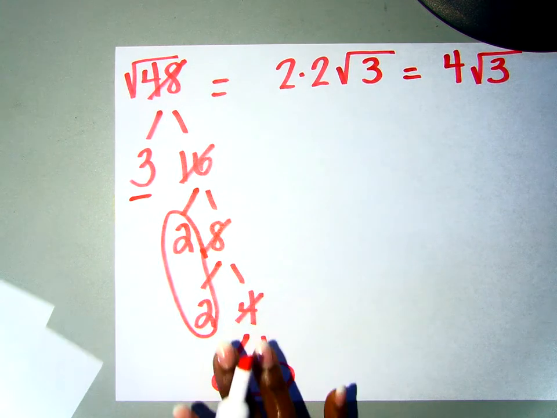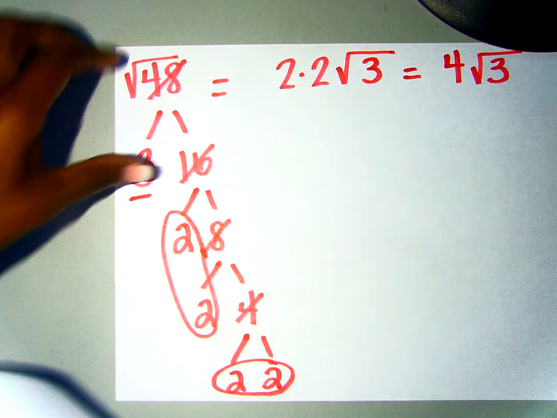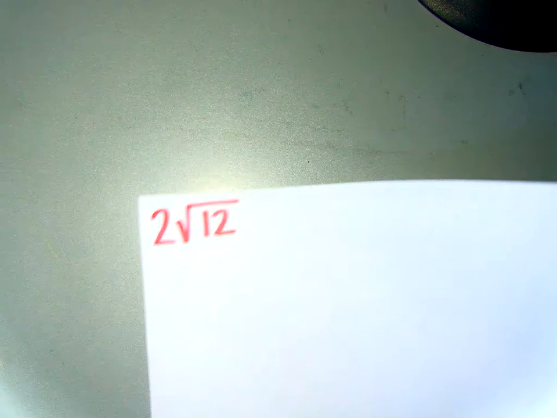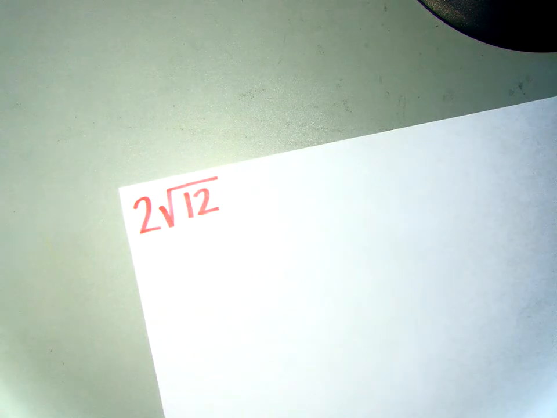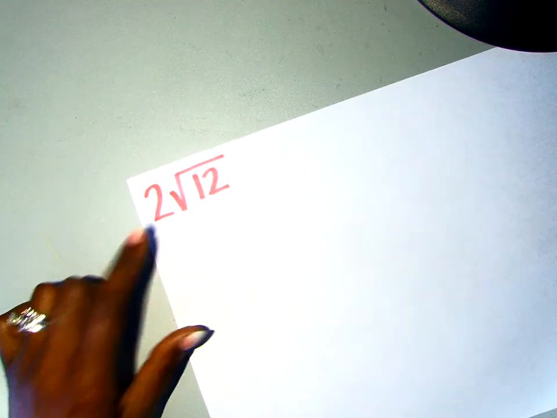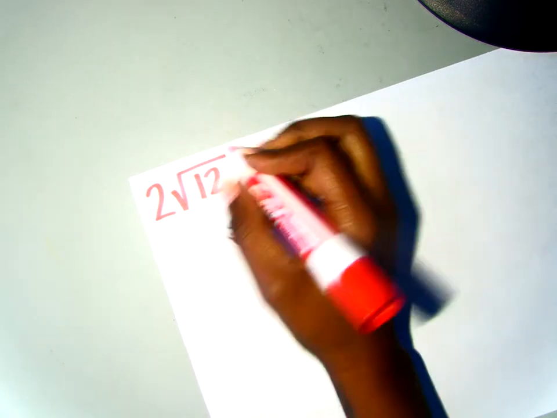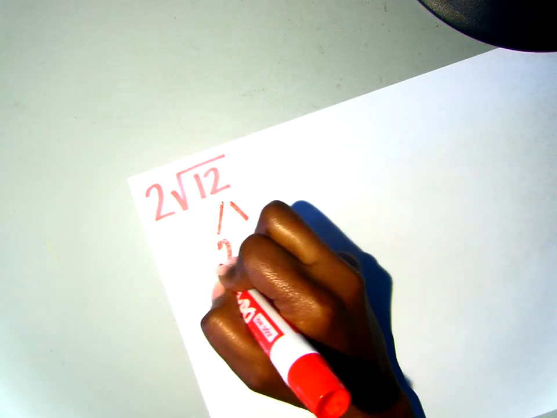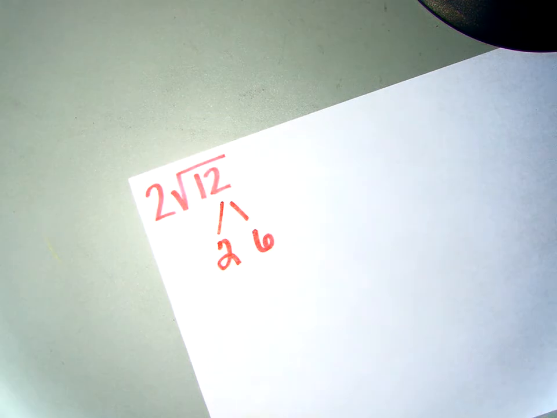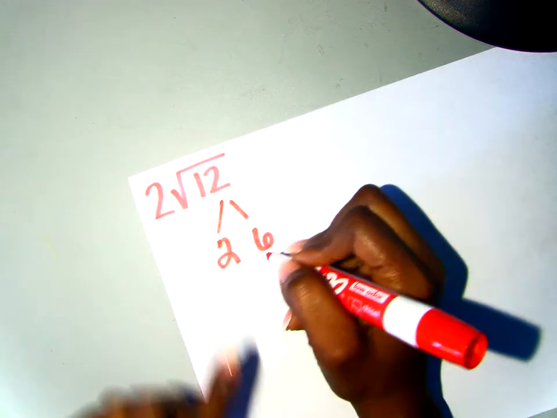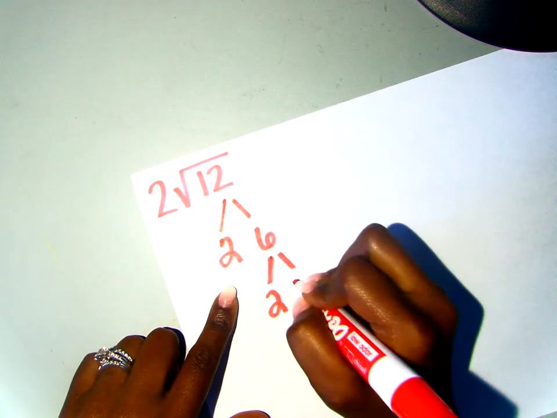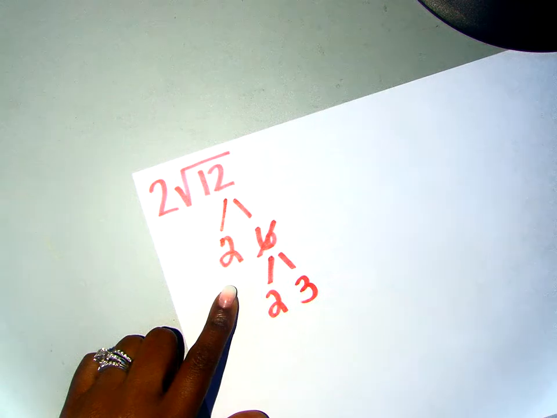Now, what if we have a coefficient out front of the radical? If we have a coefficient out front of the radical other than 1, what do we do here? We still follow the same steps. We're going to factor the radicand, which is 12. 2 times 6. Alright, we can break 6 apart again into prime numbers. So we're done with those.